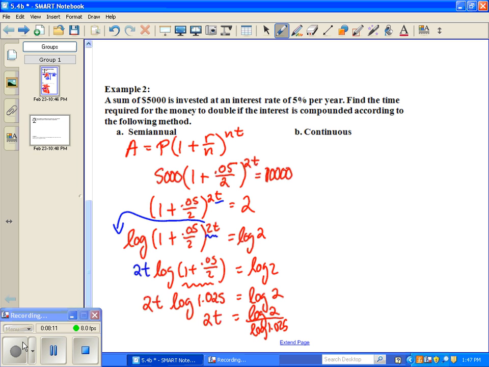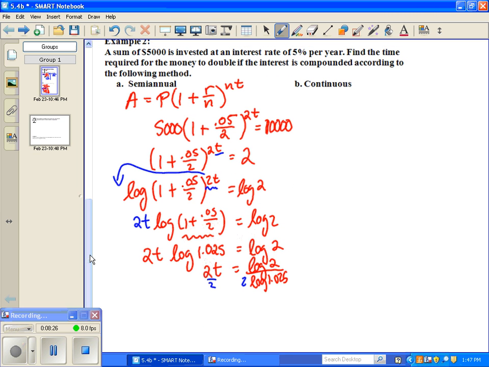And at the same time, we could also divide both sides by 2. So we just do it in one step right there. So we figure out t right away. So t equals, now plug into your calculator, log of 2 over 2 times log of 1.025, and that comes out to 14.04 years.